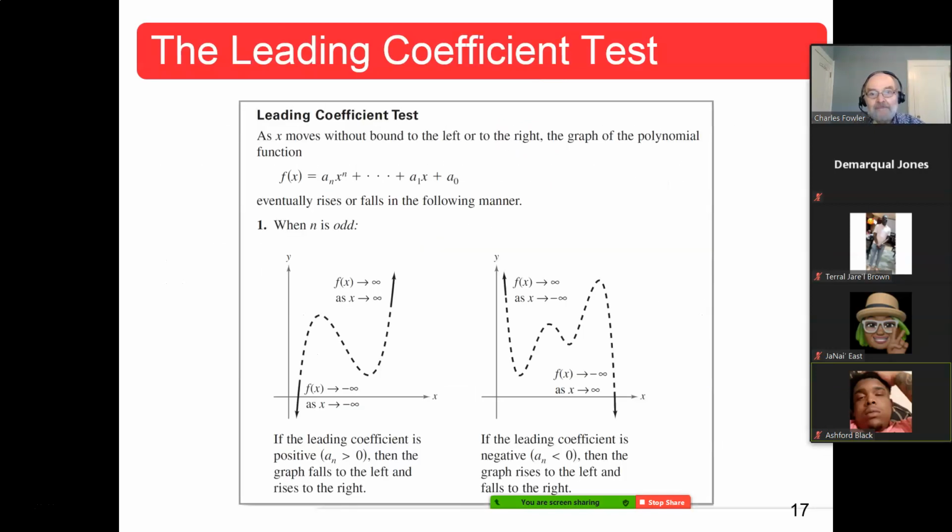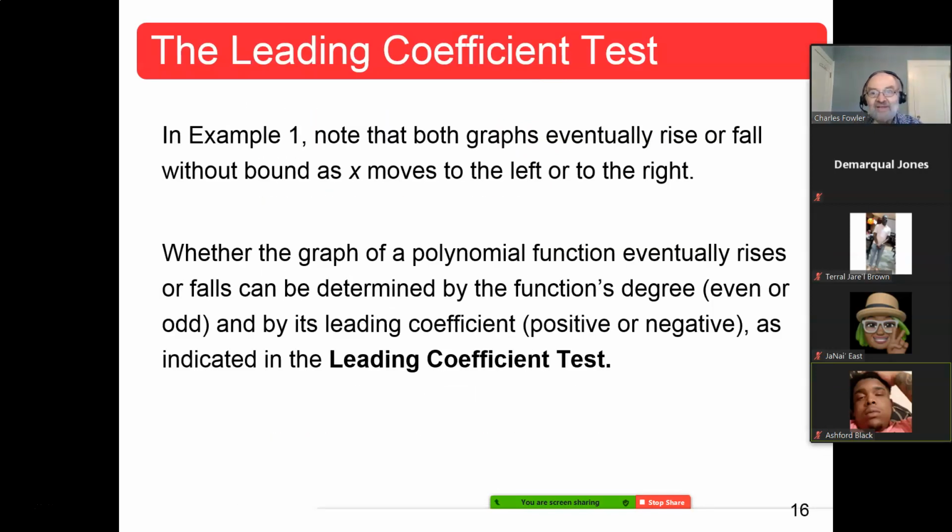Okay? And that's what they're noting here. In example 1, notice that both graphs eventually rise or fall without bound as x moves to the left or to the right. Now, what are we talking about then? What we're talking about is basically the end behavior.